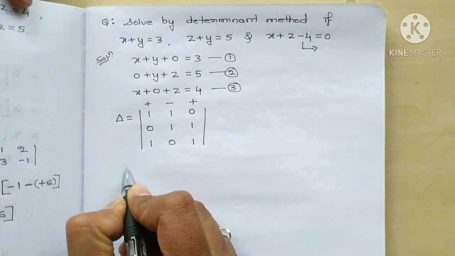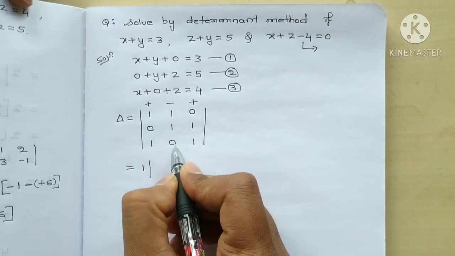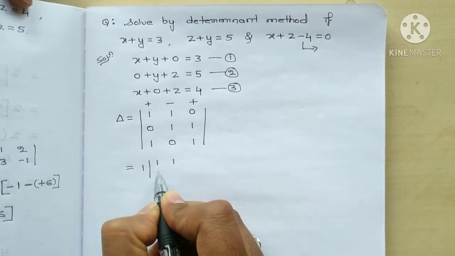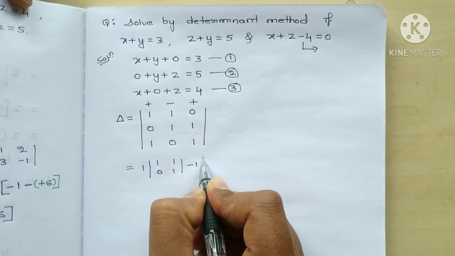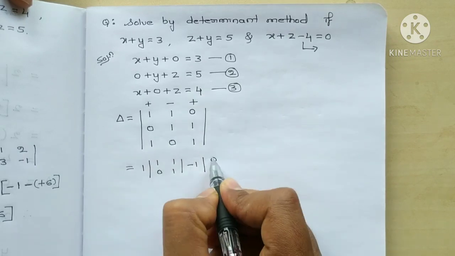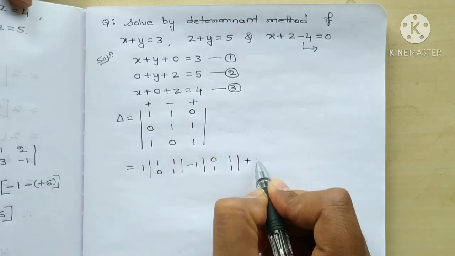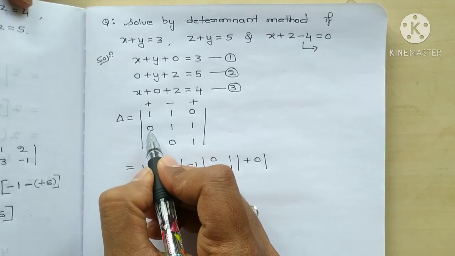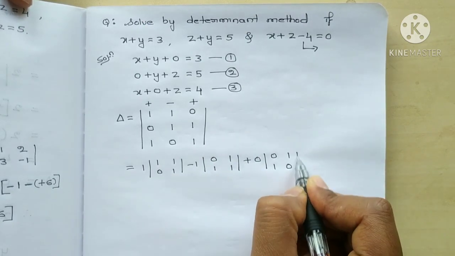So first 1, delete that column, that row, remaining element 1 1 0 1. So write here 1 1 0 1. Next minus 1 into bracket 1 0 1 1 1 0 1 1 1 plus 0 again into 0 1 1 0 0 1 1 0.